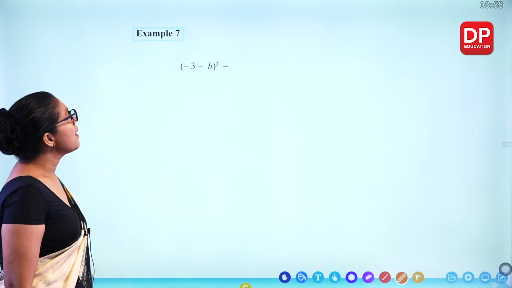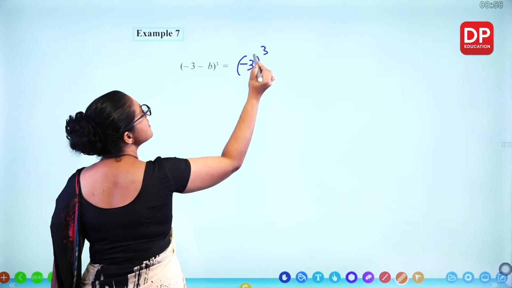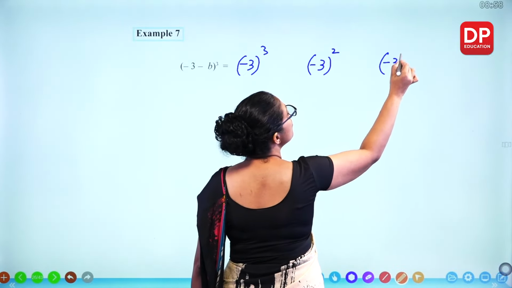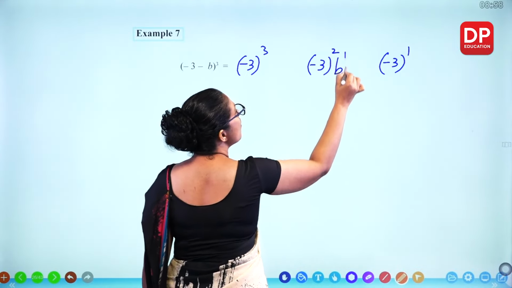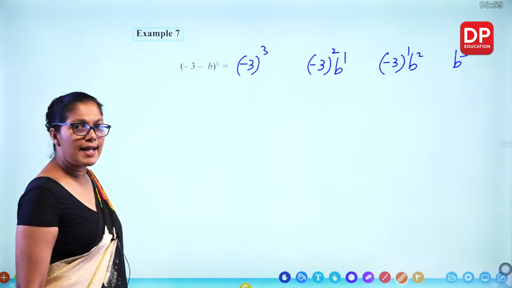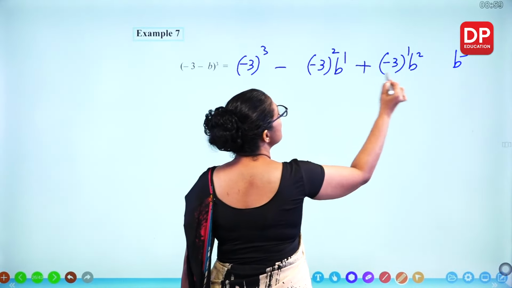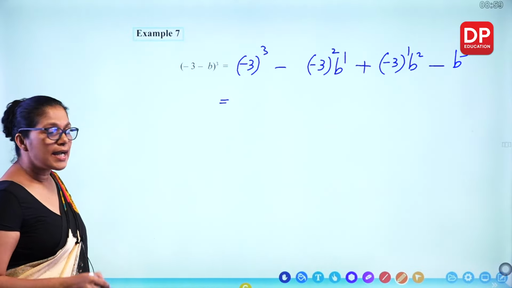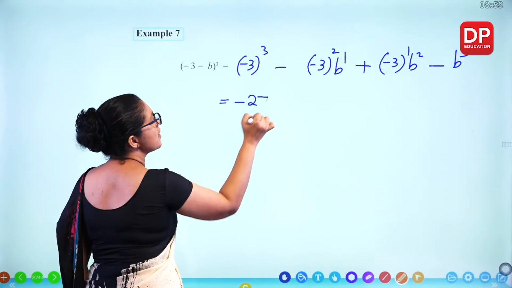Now we look at example number 7. Again power 3. So first term is minus 3 starting from power 3, power 2, power 1. Second term is b, starting from here 1, 2, 3. What's the middle sign? Middle sign is minus. So first term plus, second term minus, third term plus, last term minus. Now expand. Minus 3 times minus 3 times minus 3. You will end up with minus 27.